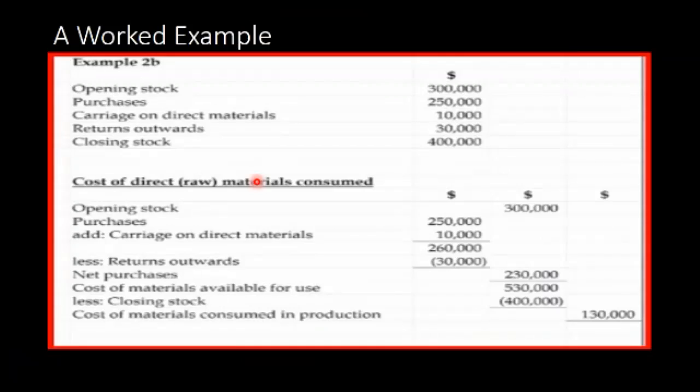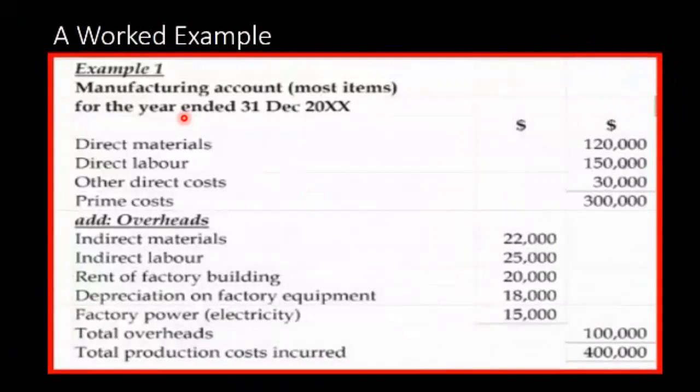Another worked example, which gives you the cost of the raw materials consumed. This heading here, we have some data here, and we're going to use it to make up this section of the manufacturing account. It's cost of direct materials consumed. That's this top section here, direct materials.